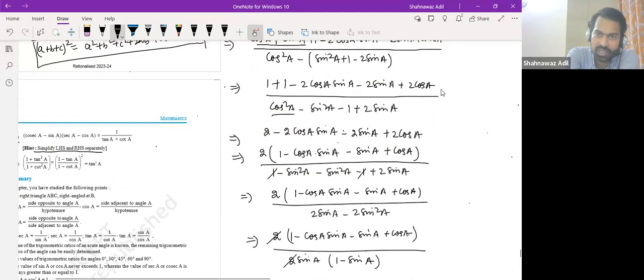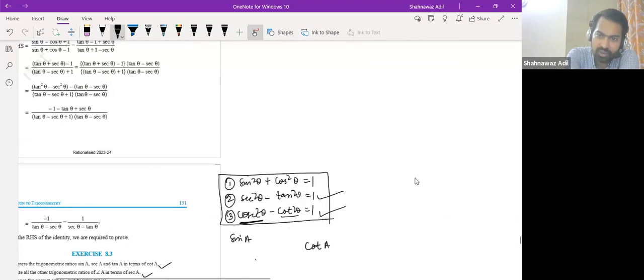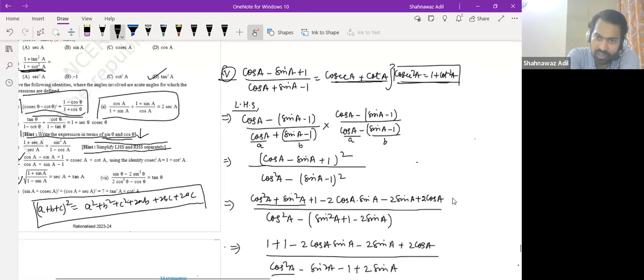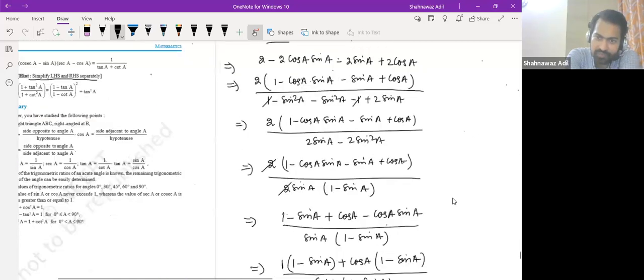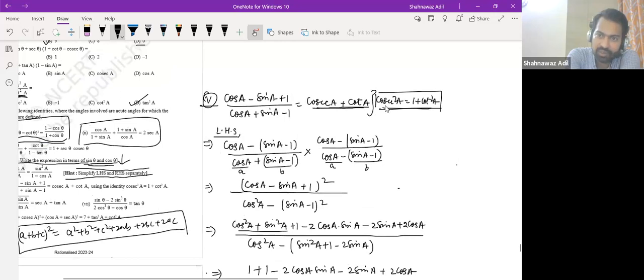But you see, they wanted us to use this identity, but we didn't use it anywhere, right? So we will see how we can use this one. But first, you guys note it down.